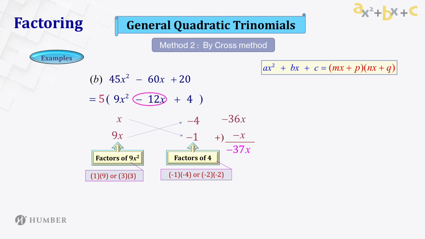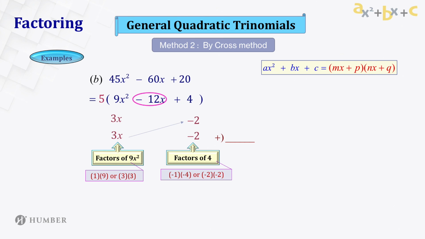Let's try the -2 and -2 combination next. However, the sum of the cross multiplication is -20x. This is still not our desired value, -12x. Let's try the 3x and 3x combination for the factors of 9x squared this time.